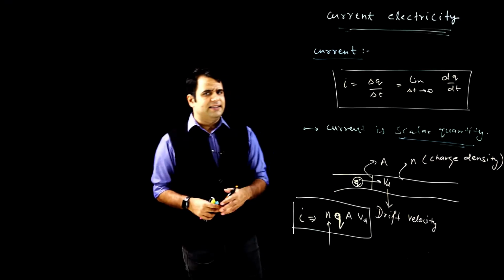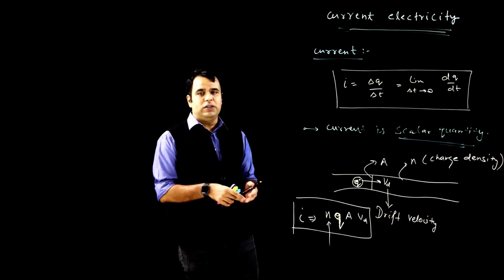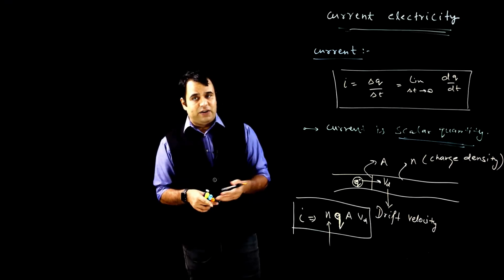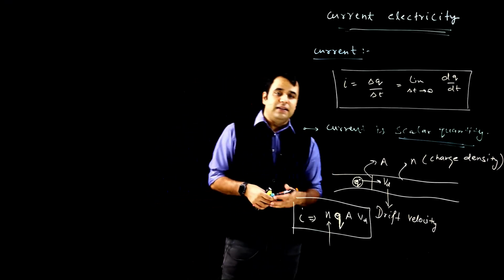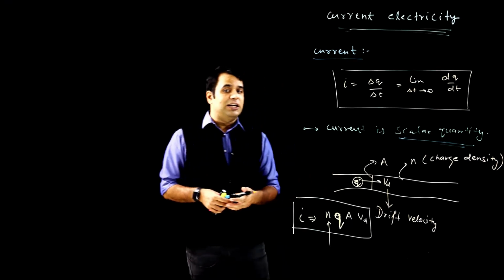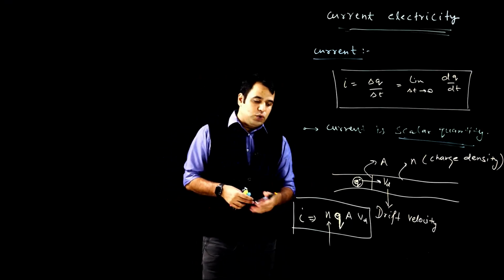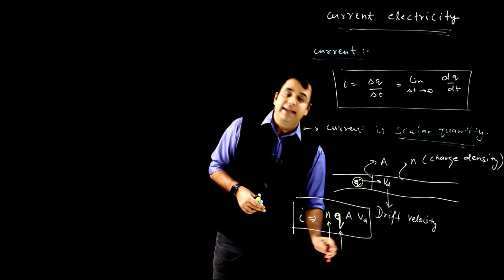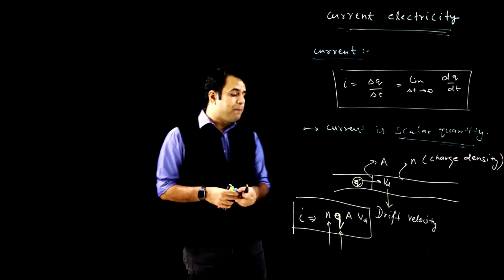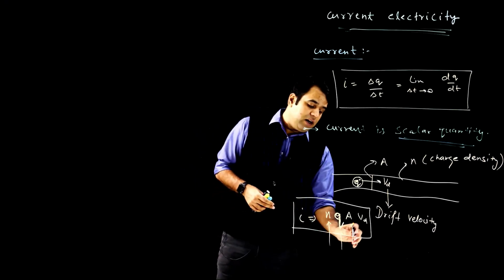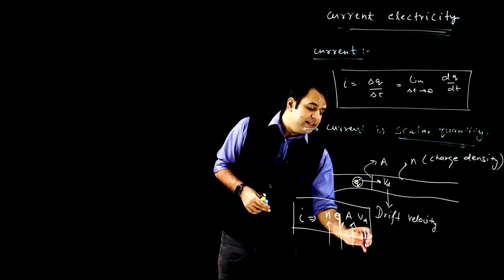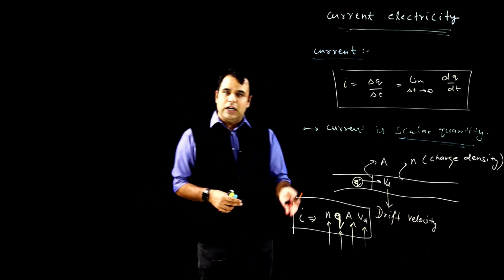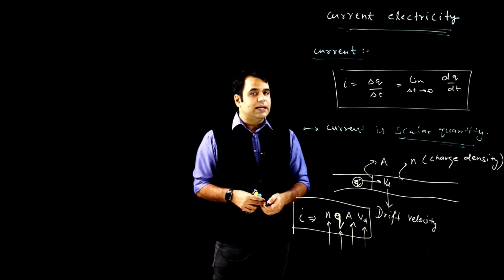In the majority of conductors, the particles which are moving are electrons, so this value is equal to e, but I'm saying the particles are carrying a charge Q. So nQAVd, where Q is the charge carried by a single particle, A is the cross-section area of this conductor, and Vd is the drift velocity. In the case of a linear conductor, that's how we calculate the current.